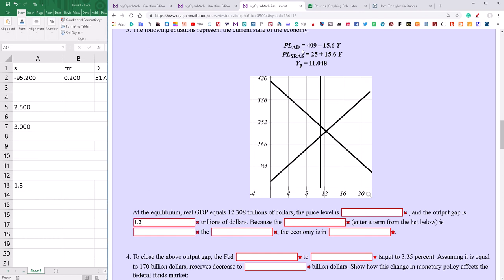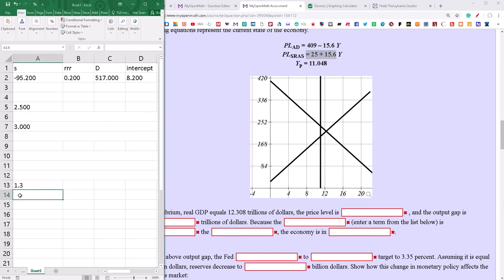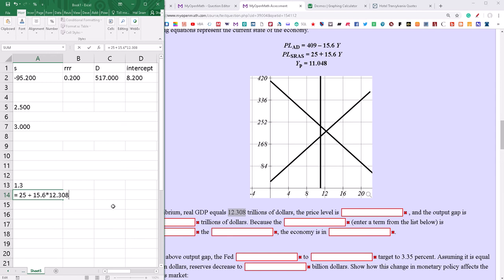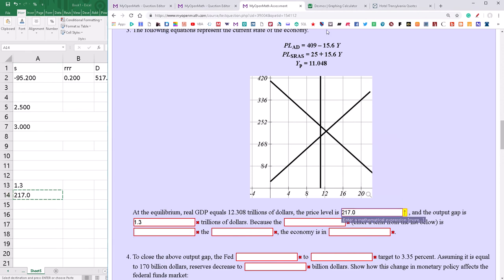To get the price level, we can just plug the GDP level into our supply curve, which we're going to do here. We're plugging the GDP level at the equilibrium into our supply curve, and we get 217. So we're going to just say 217 here. And if we do the same thing up here, we'll get 217 as well, or something close to it.